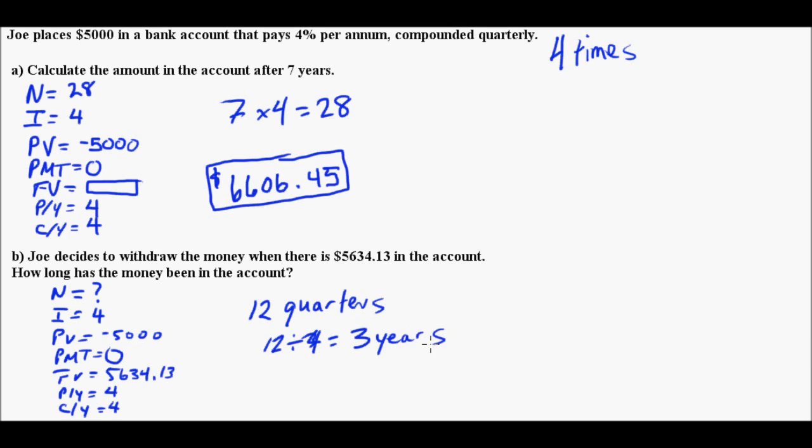So he's had the money in the bank for 3 years. If I had said 12 years, that makes no sense because up here we had 7 years and it was only 6,600. This is less money. So you just have to use your common sense here.